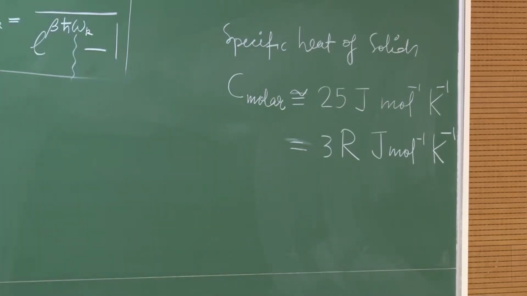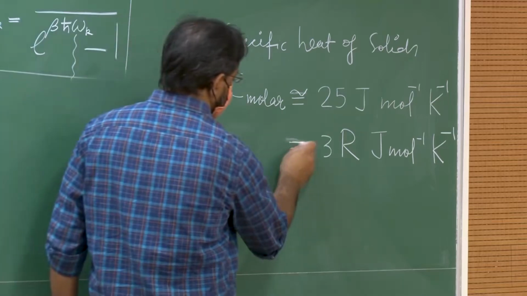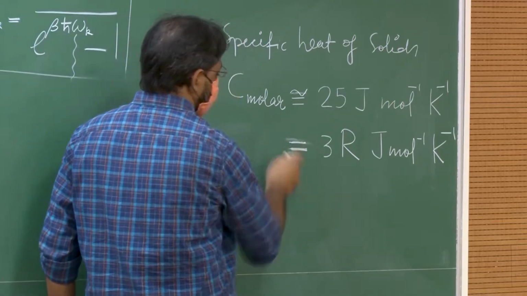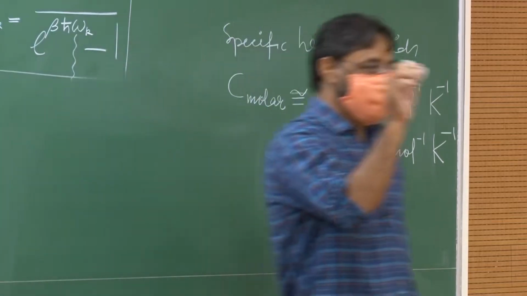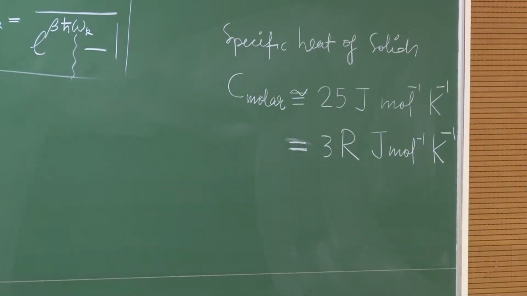And they argued, or people after them argued, that look, in a gas, if you take the molecules of an inert gas, there are 3 degrees of freedom. Each molecule has 3 degrees of freedom. We are thinking of a molecule as a tiny spherical bead. We are not talking about its internal structure.